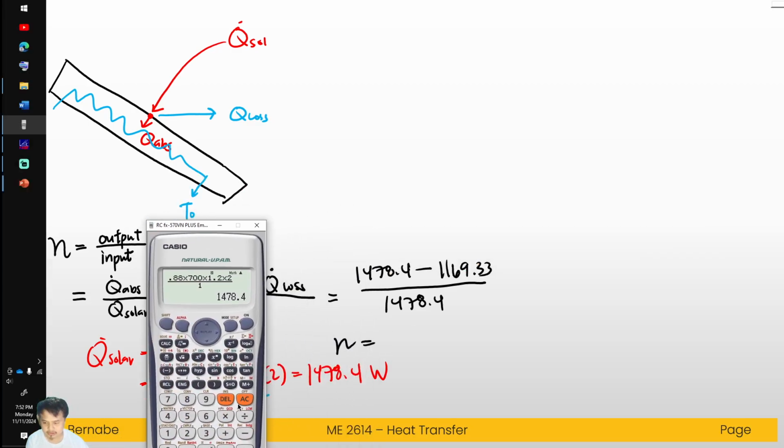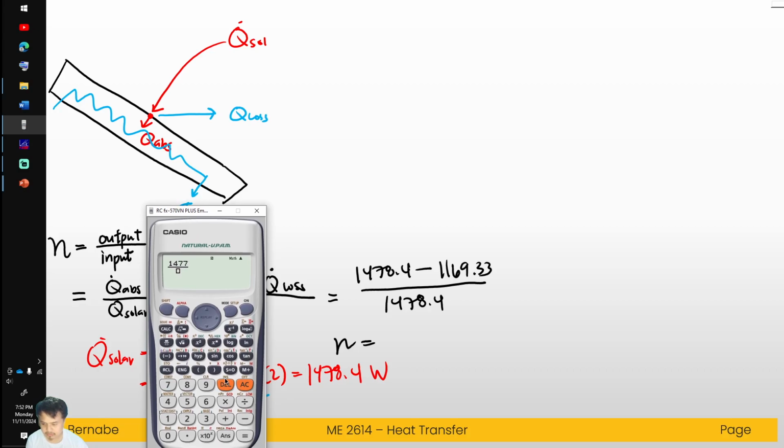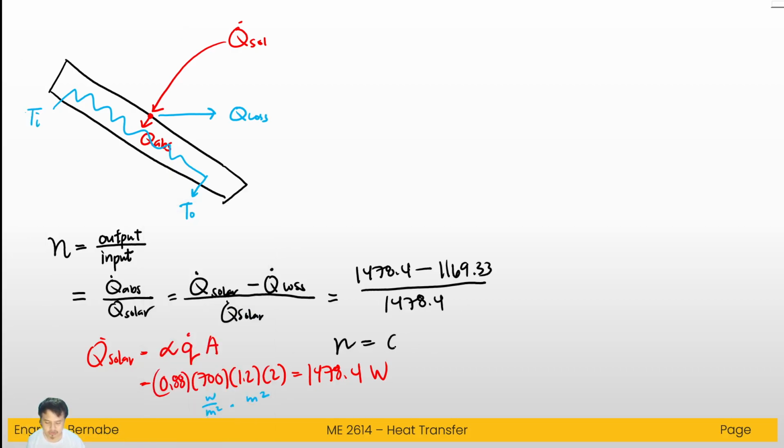So 1478.4 minus 1169.33, divided by 1478.4. So we have 20.91. Actually, I'll just represent this in percent. So 20.91% for the efficiency. Okay, so the heat loss is very high.